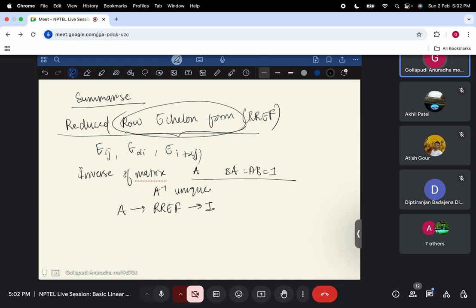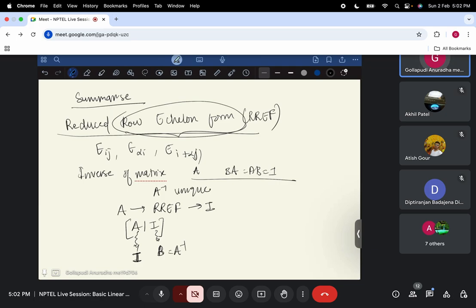And if it is invertible, to find the inverse we take the augmented matrix like this. We'll try to convert the left side to the identity matrix, and whatever row operations we execute, we execute the same on the identity matrix on the right side, and whatever matrix we get will be the inverse.